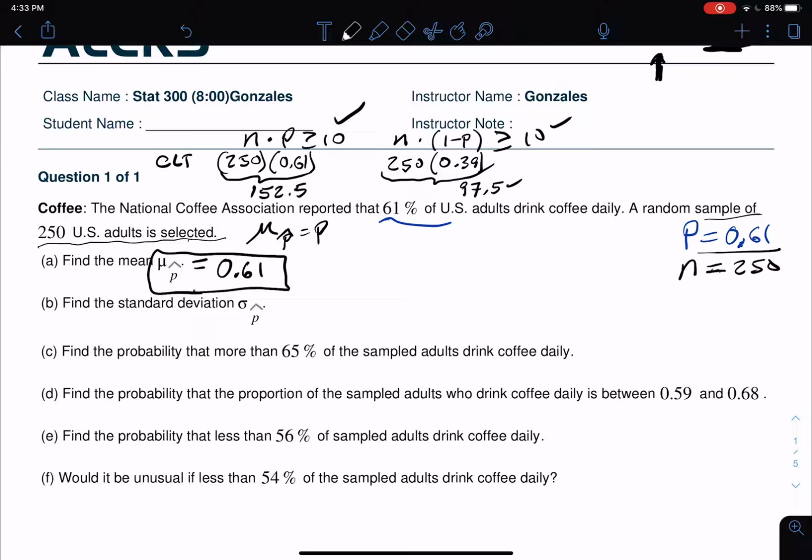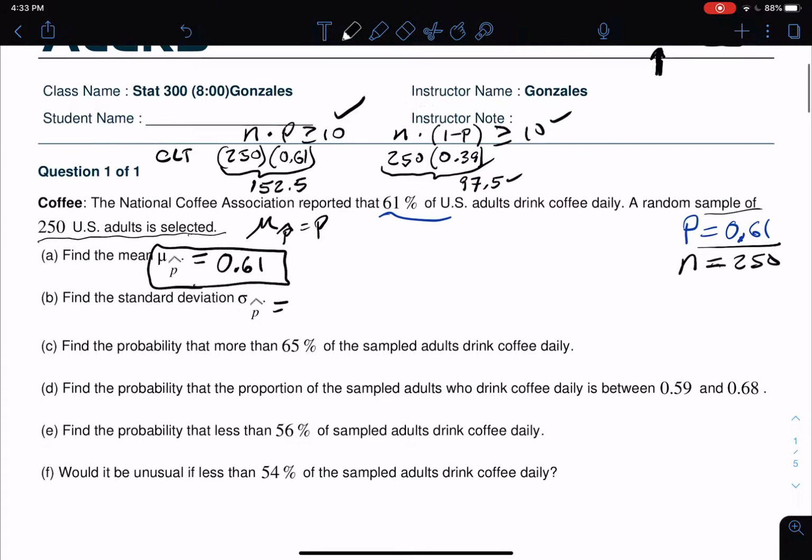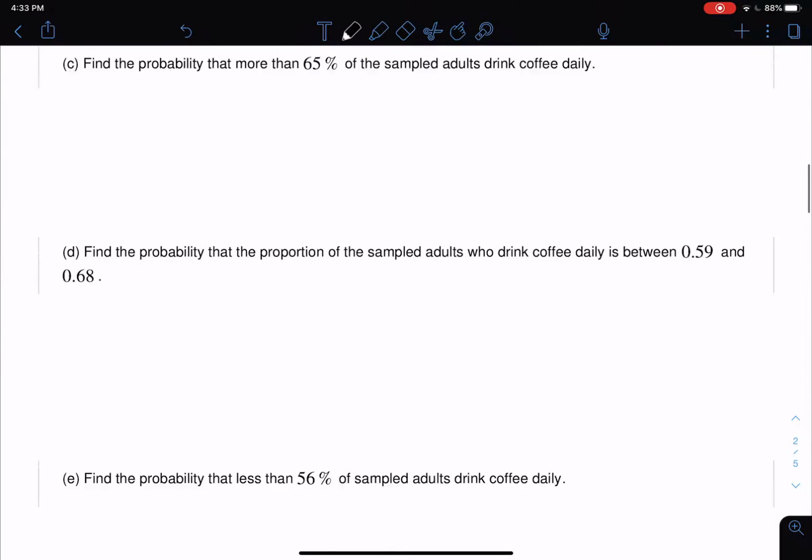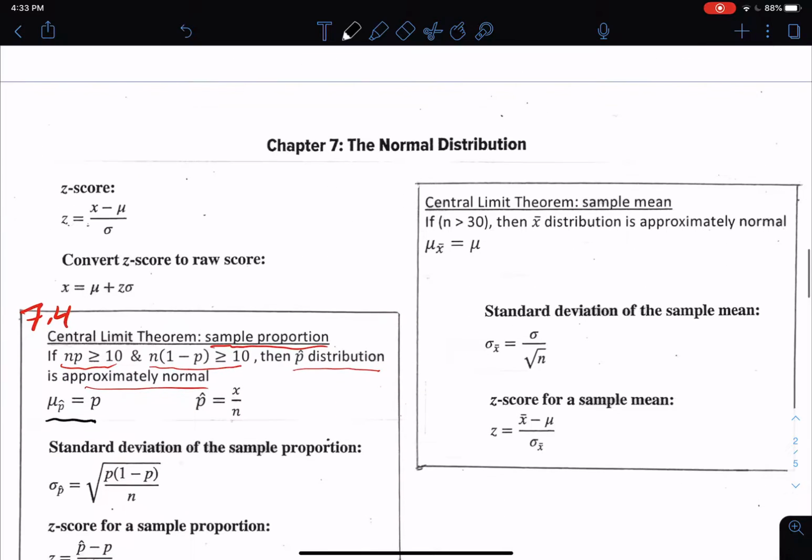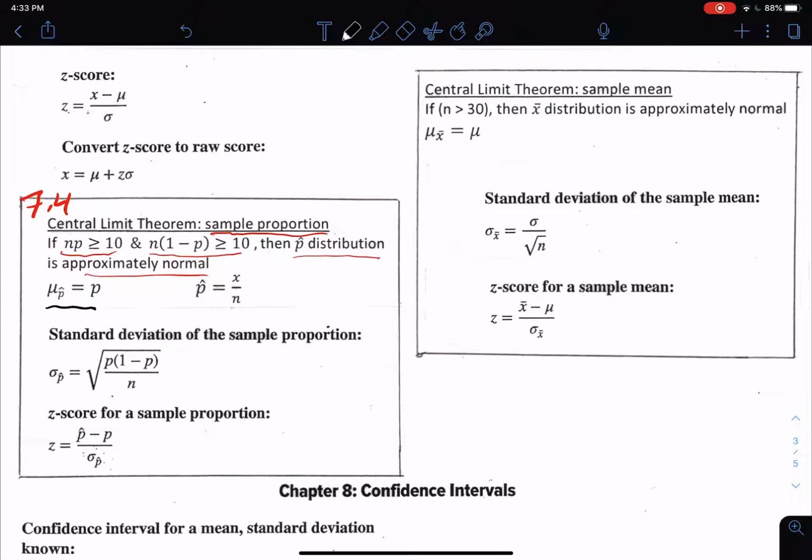Part B, what we want is the standard deviation of the sample proportions. And once again, we can look that up over here on our little note card. And there it is right there.